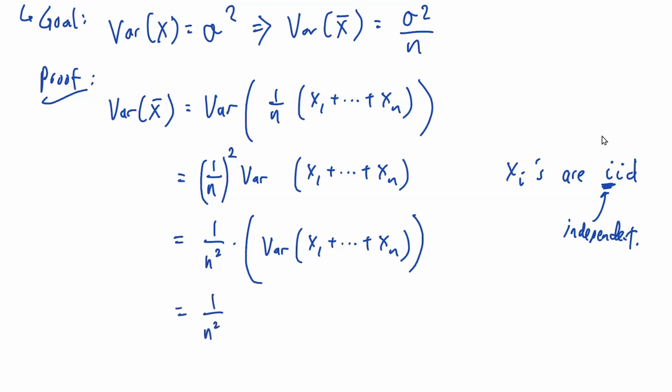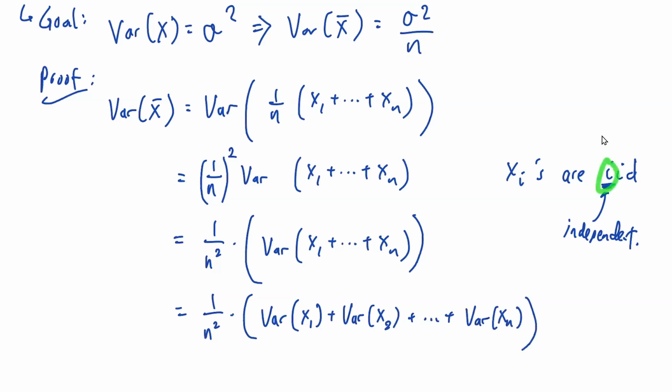Okay? If it isn't, then there's another formula that is available in university that you don't need to know about, called covariance, but you don't need to know it. Okay? I'm just going to jump to that. So independent, that's why you can split it up into a sum of each variance.